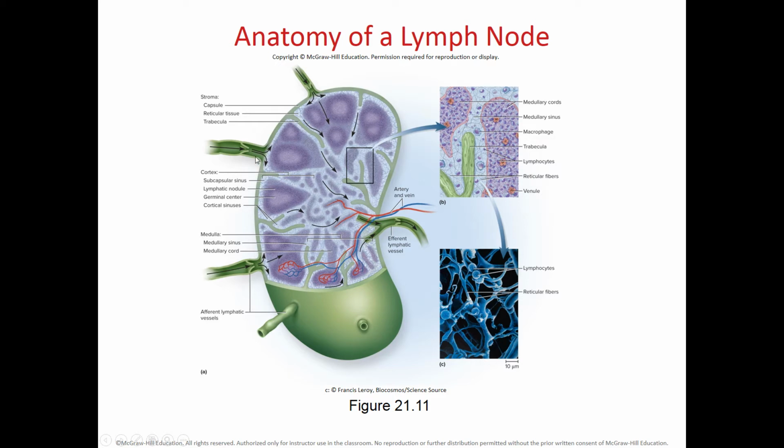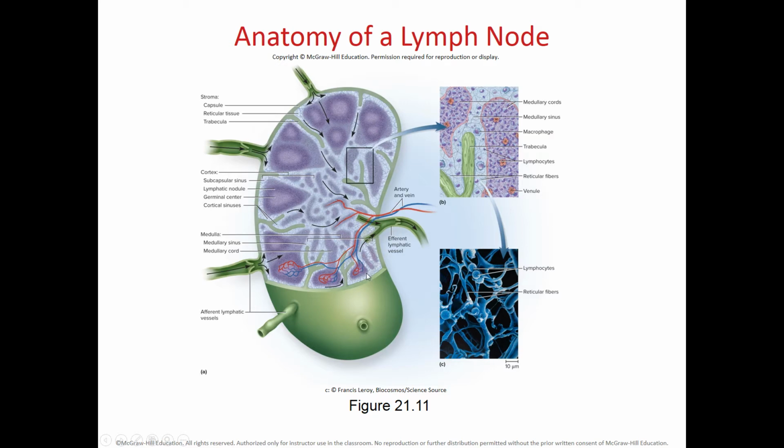So if you stop the flow of this lymph a little bit, you can find cancer cells much easier. You can find bacteria, viruses, any pathogen, or any antigens that are important.